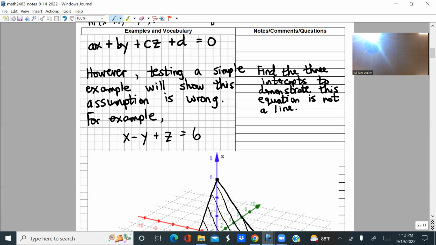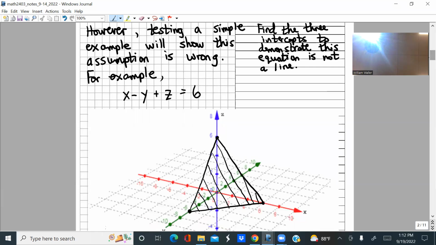If I graph that in 3 dimensions, I'm going to get a nice line going through space. Unfortunately, that's not true. You do get a nice picture, but you don't get a straight line. Let me show you an example. Here's a simple equation in 3 variables: x minus y plus z equals 6.